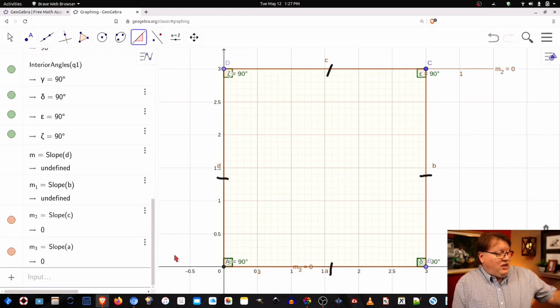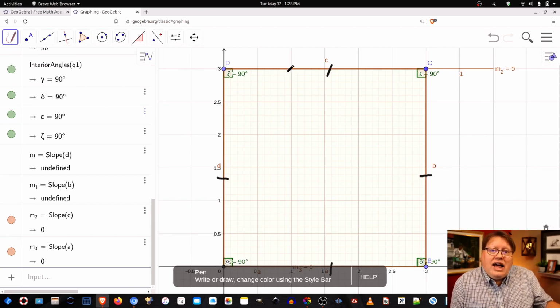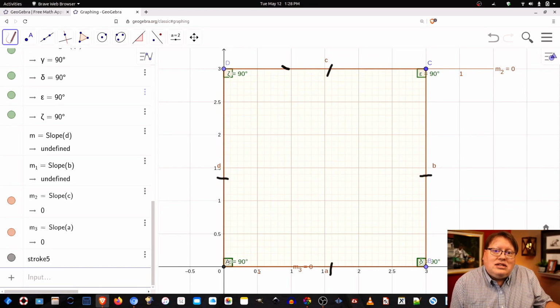Which tells me, and if I mark this mathematically, guys, and how you do this mathematically is you will come over here to our pen tool, and I can mark this right here that this side is parallel to this side.